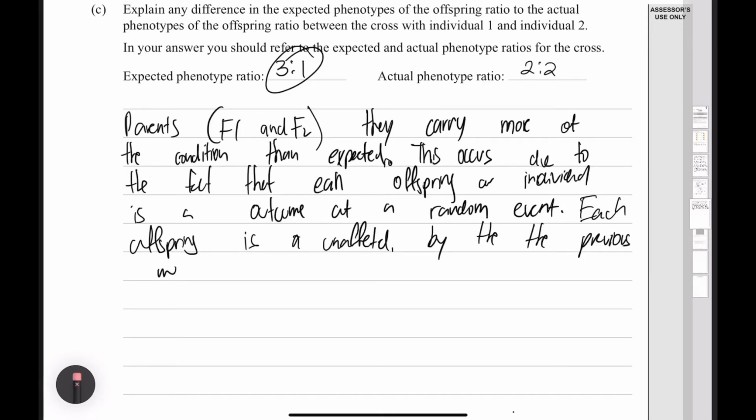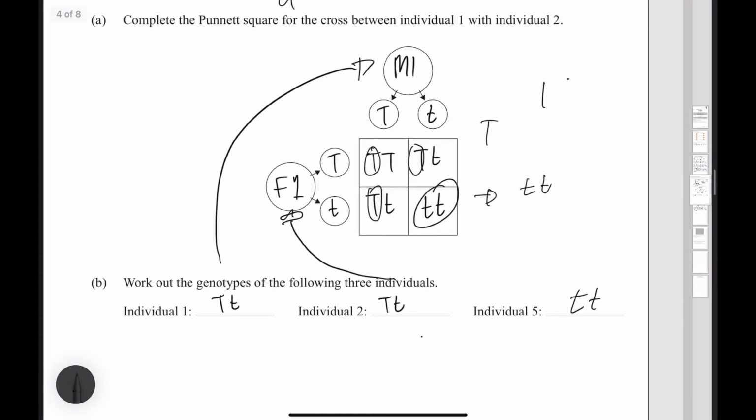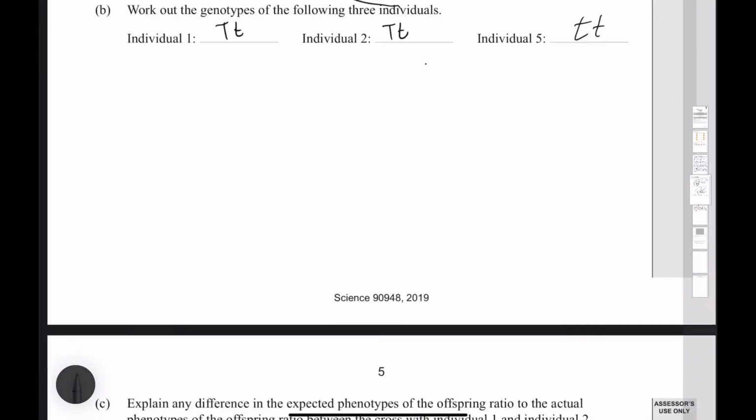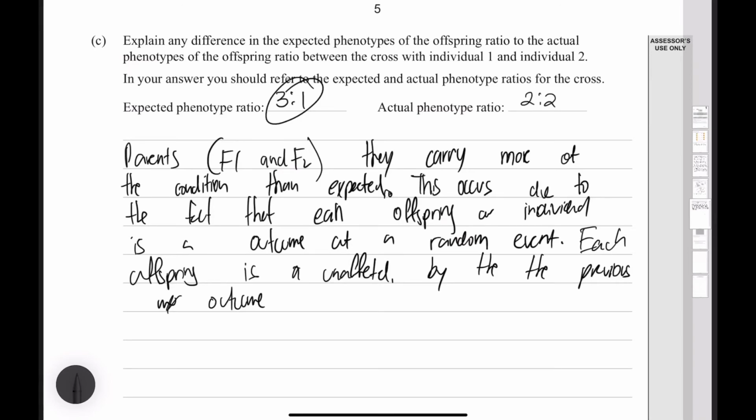What this means is that this individual here was completely random, and this one here was completely random as well. So when TT was produced, the production of Tt, or T, lowercase t, has nothing to do with TT. It's completely random. And that's how the chances of inheriting a condition increase or decrease.